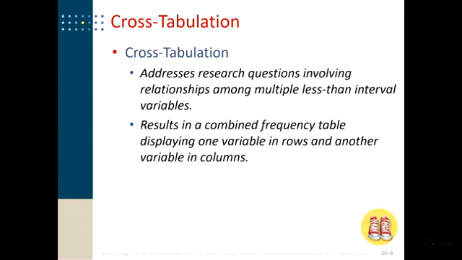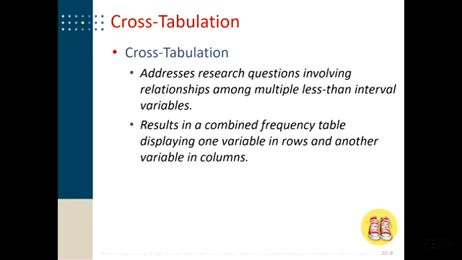Now, if you have two variables, for example, both of the variables are less than interval scale. Less than interval scale means either nominal or ordinal. If two variables are less than interval, then cross tabulation is the best way to represent the descriptive statistics.